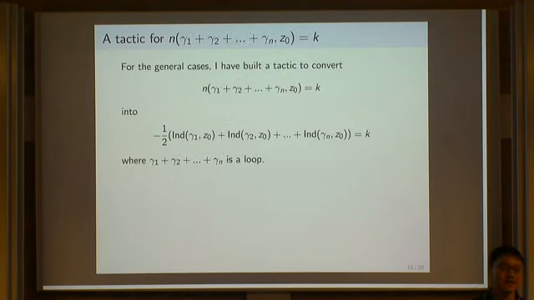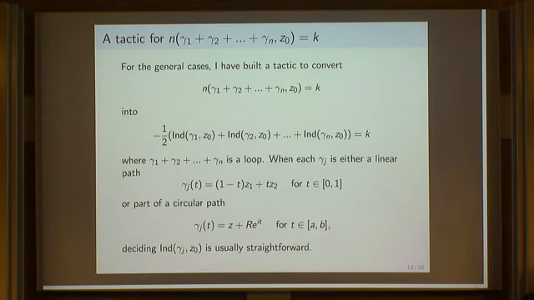So for general cases, I have built a tactic which reduces evaluation of a winding number into evaluation of a bunch of Cauchy indices.